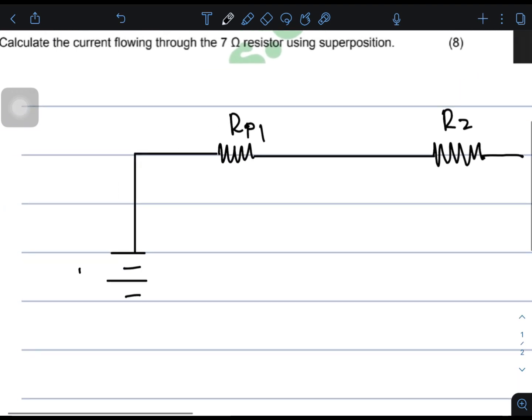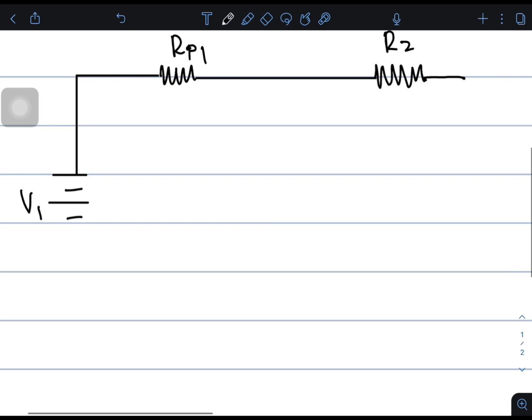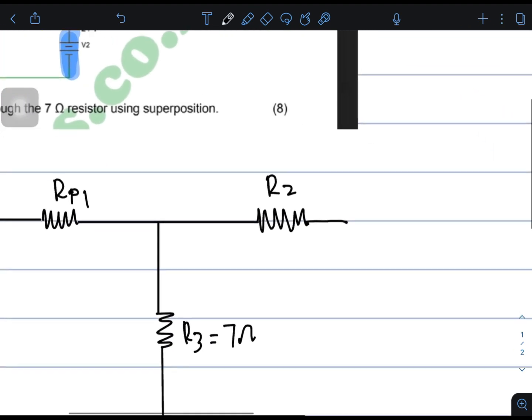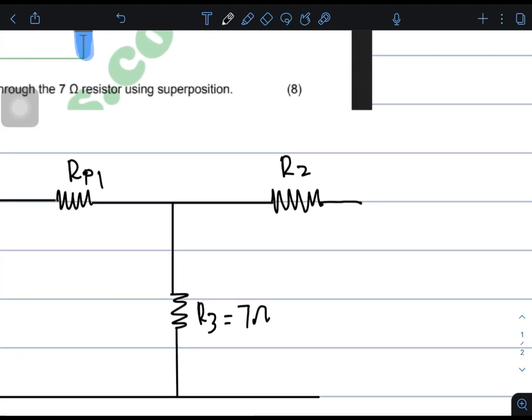This is your V1, this is your R3, which is equal to 7 ohms. Then here is your second source.